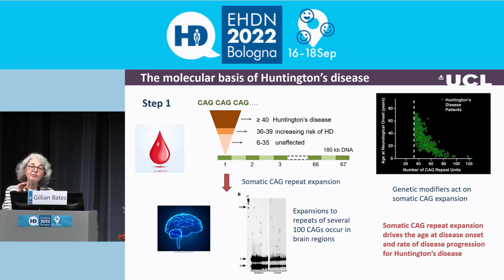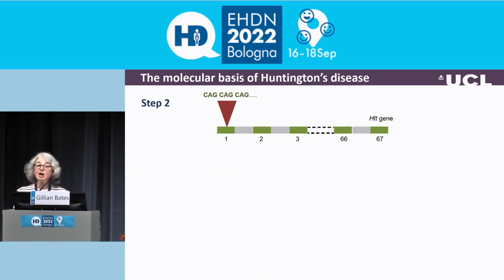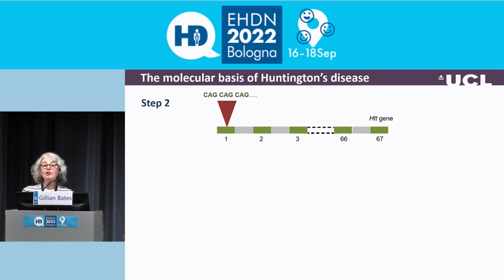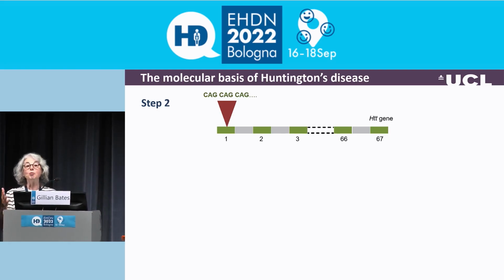Now, we don't think it's the CAG in the DNA that causes the disease, so there has to be a step 2. And so the work I'm going to talk about now is what we think is one possibility of what this step 2 might be. As we said before, the CAG repeat is at the beginning of the HD gene, and this contains 67 exons interspersed with DNA called introns.